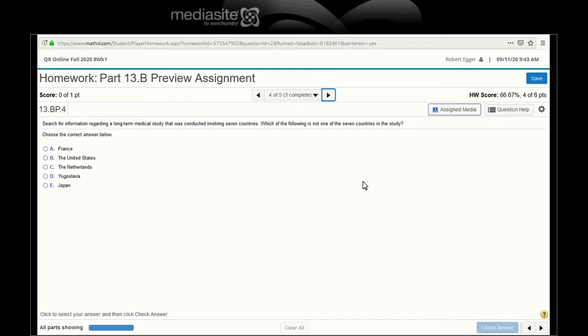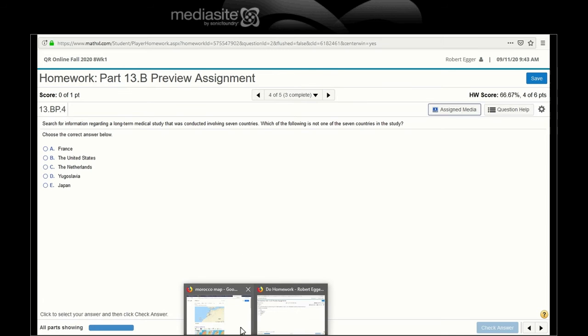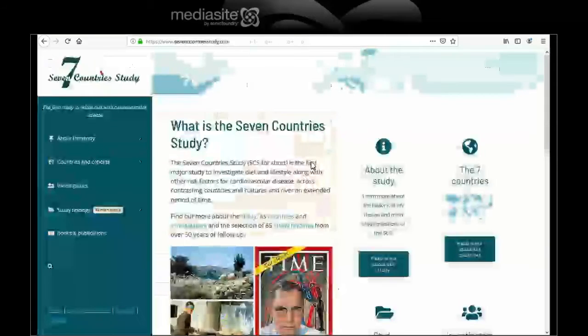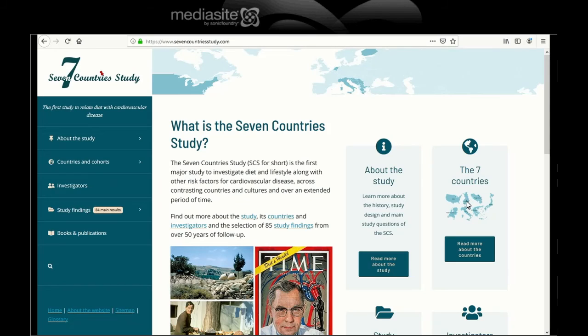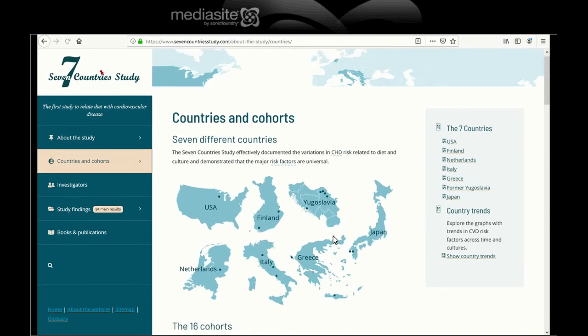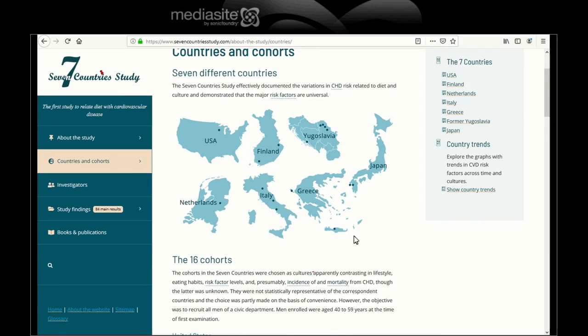Search for information regarding a long-term medical study that was conducted involving 7 countries. Which of the following is not one of the 7 countries in the study? We did this one earlier, so let's pull that up again. The 7 countries were USA, Netherlands, Finland, Italy, Greece, Yugoslavia, Japan.